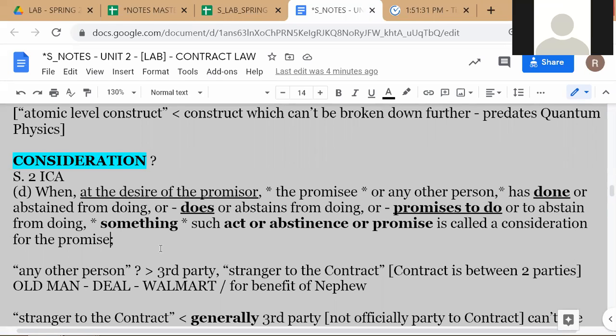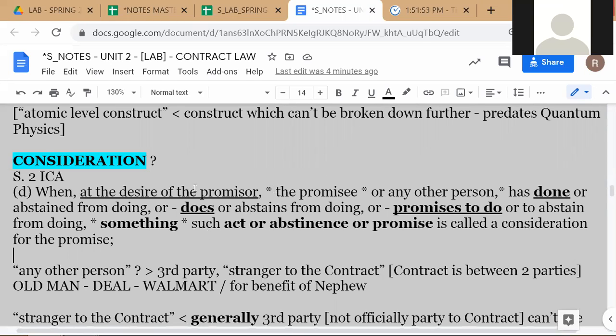So to put this into concrete terms, let's go back to our example of the gardening proposal. If I go and tell an old lady, who I know can't afford to do the garden herself because she's too old, that I will take care of her garden, do her gardening, 3 days a week.